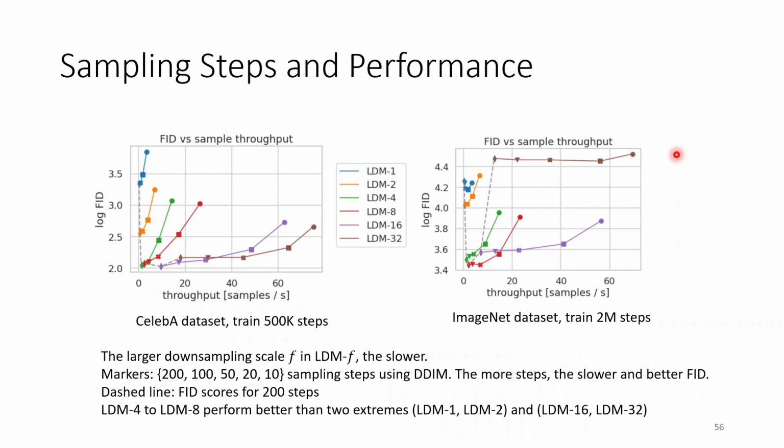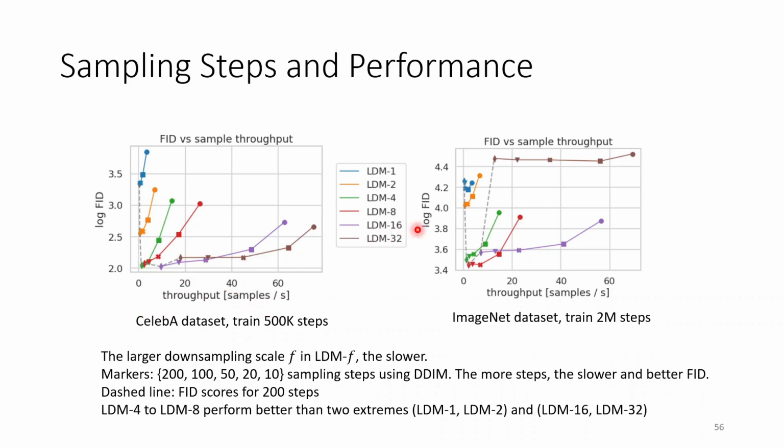All right, let's explain the 2 figures. This is the result on the selected dataset, trained for 500K steps. Let's see different scaling factors from 1 to 32. When the scaling factor is 1, the FID value is very high. The purple is 16, this is 8, and this is 32.